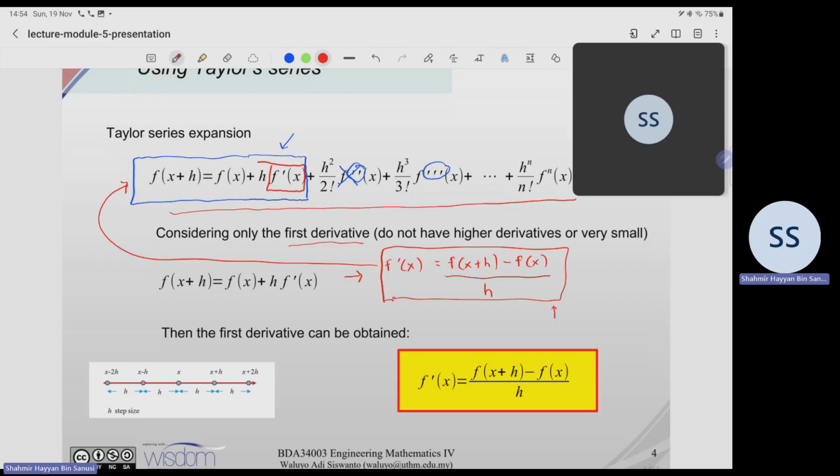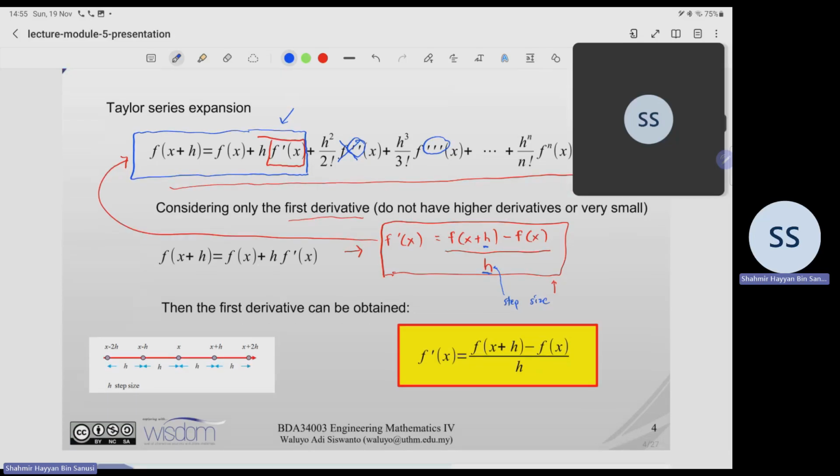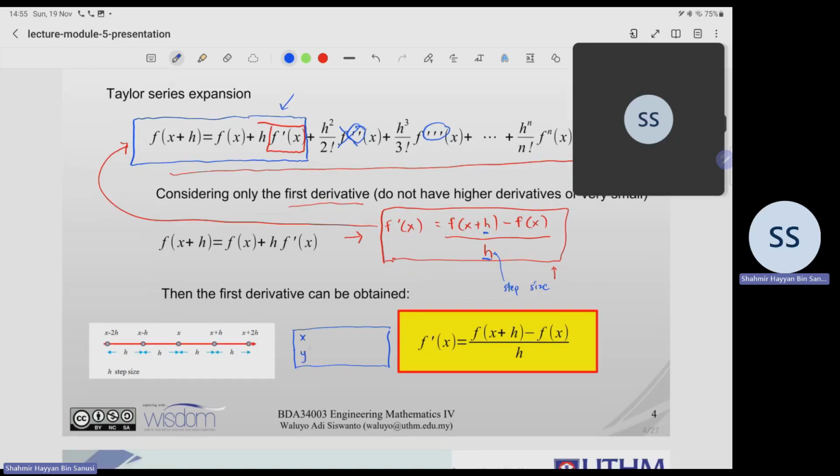And what is this h? H is what we call the step size. What is step size? If you have a series of x and y, for example, if I give you a table of x and y data: when x equals 0, y equals 4; when x equals 2, y equals 7; and when x equals 4, y equals 3.